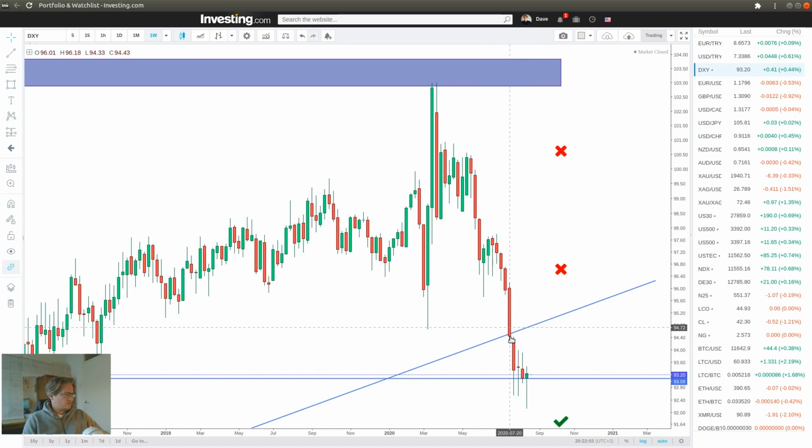So this could indicate a reversal at least towards this trend line, and depending on how strong it is, we might break it and come back into this area above the trend line. So this is something to keep in mind.